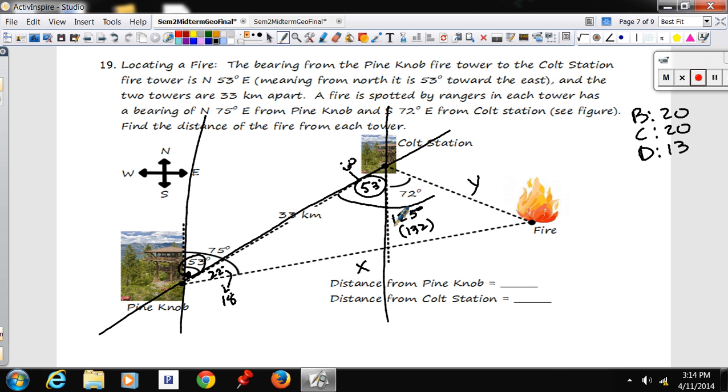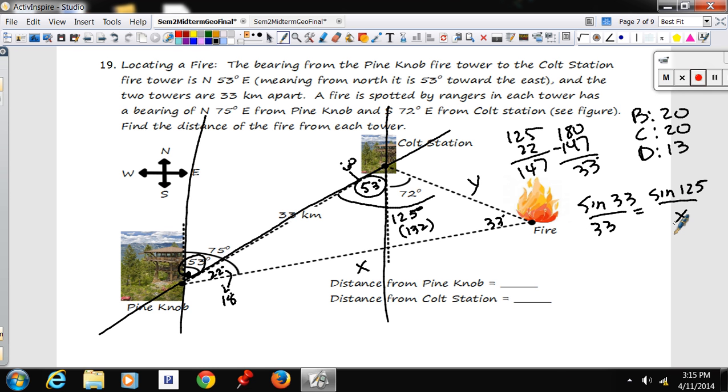And you're just going to use your law of sines again. What two do we have? Let's see. We can find this angle. We've got 125 plus 22. 125 plus 22 is 147. You subtract that from 180. You're going to get 33 degrees down here. This is 33 degrees. So sine of 33 over 33 equals the sine of 125 over x.